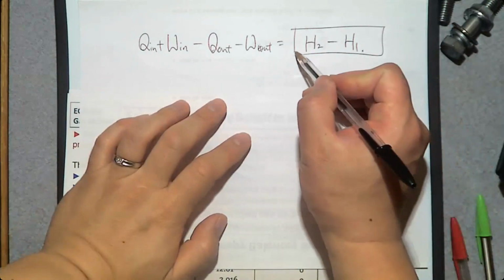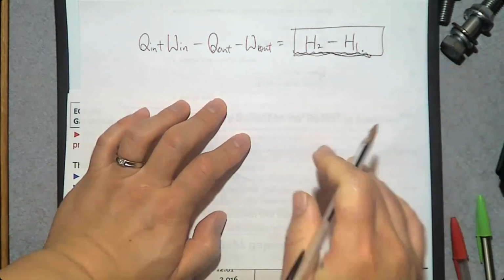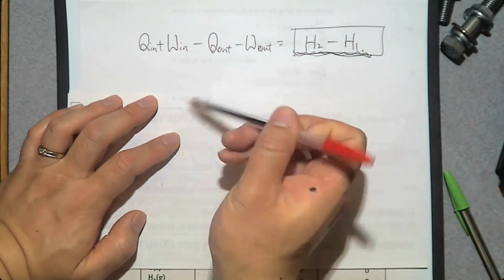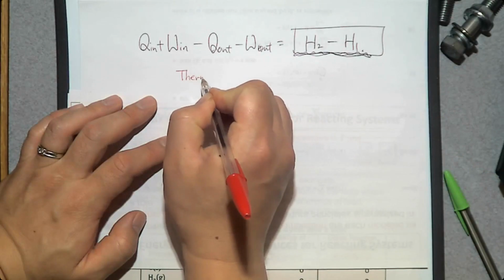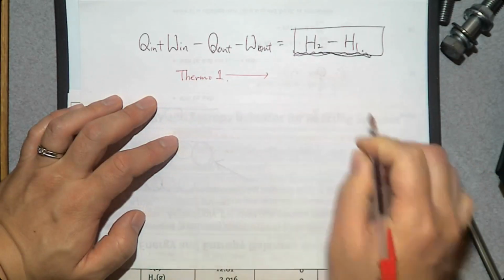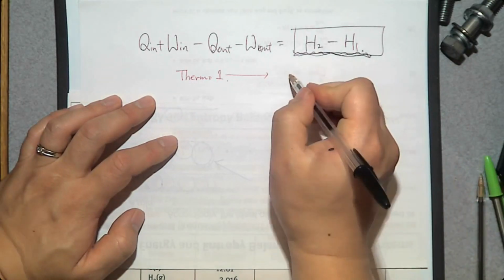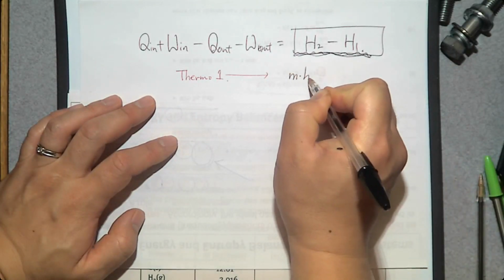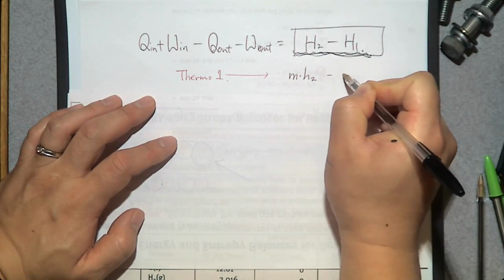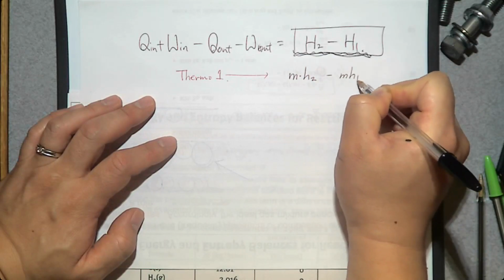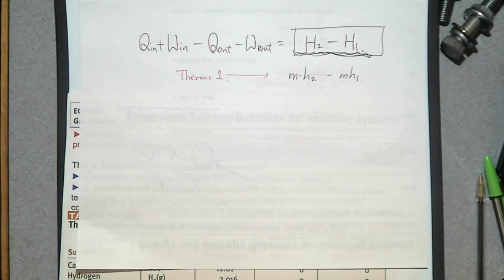That is the simplest energy balance equation that we studied in Thermodynamics 1. Now, the problem is, how do we determine them? It's going to be the way we studied in Thermo 1. How did we determine them? It was mass times specific enthalpy, so mass times H2 minus mass times H1. And how did we determine this H?